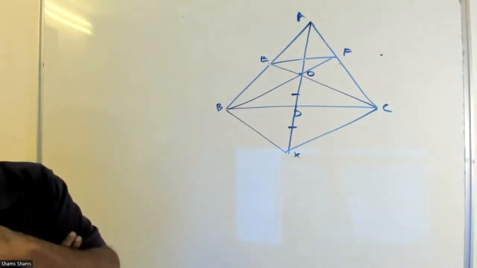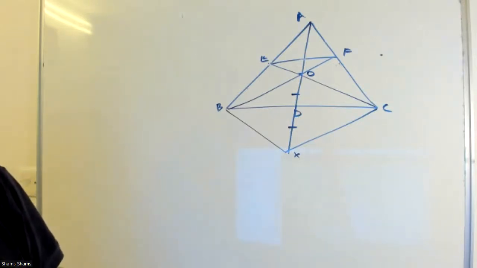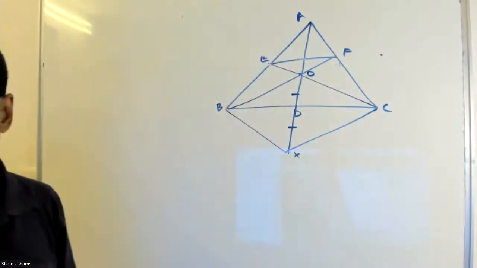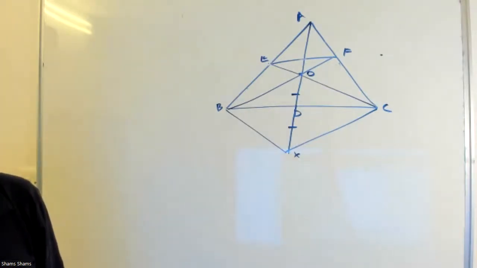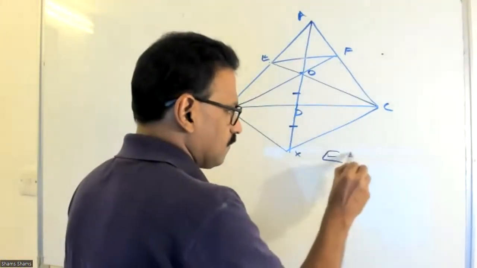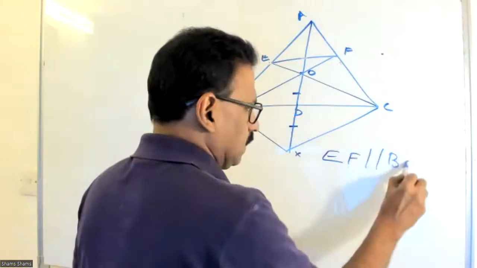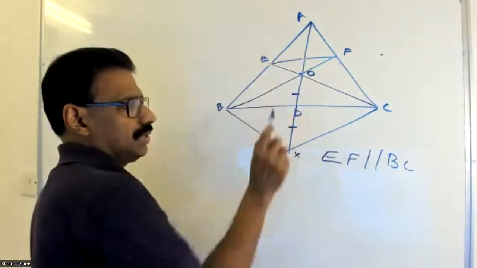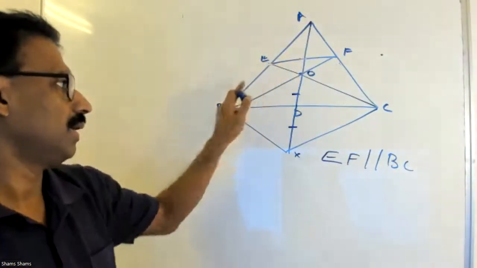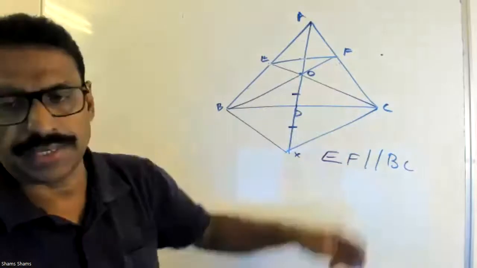That's okay, no? Hello, is it okay or not? Why no one responding? Yes. Right, because that's enough. Our requirement is EF parallel to BC. In order to show EF parallel to BC, I'm showing AE by EB equal to AF by FC.